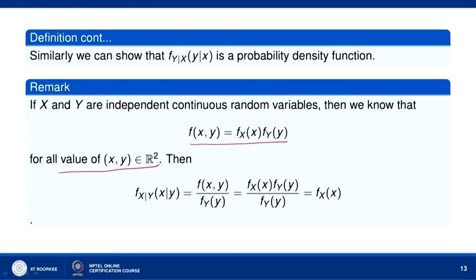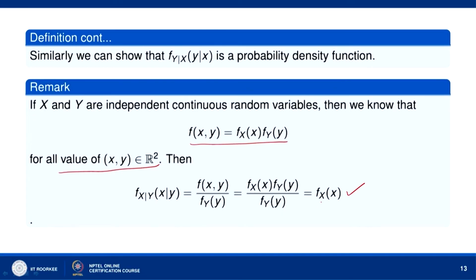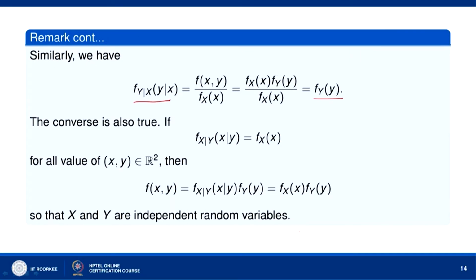So, when you put it here, you get f(x|y) equal to the marginal density function of X. And f(y|x) equal to f(x,y) over f_X(x), which is f_X(x) into f_Y(y) over f_X(x). So, this is f_Y(y). Okay. So, we have the same result like in the discrete case.